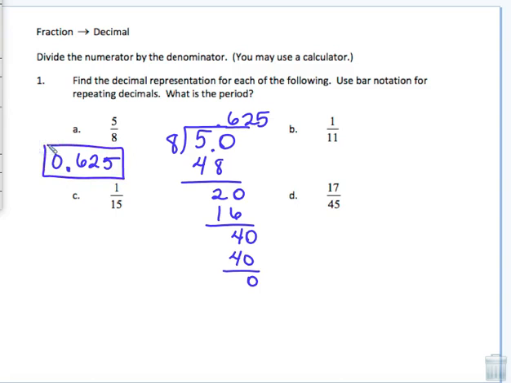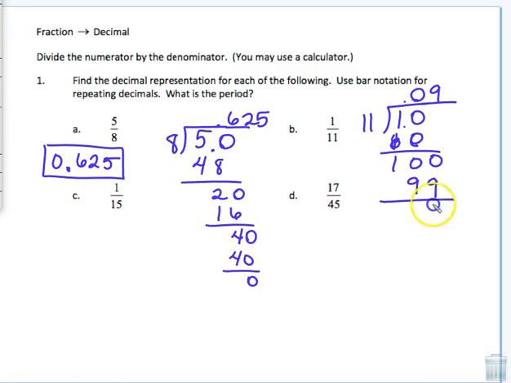On part B, 1/11 means 1 divided by 11. We have a decimal point to add the 0. 11 doesn't go into 10, so that's 0 times. We have 10. Now we can drop another 0. 11 goes into 100 9 times to get 99. That's a remainder of 1.